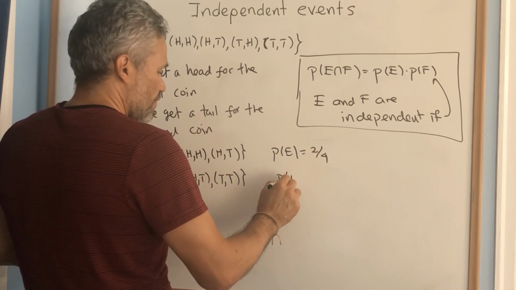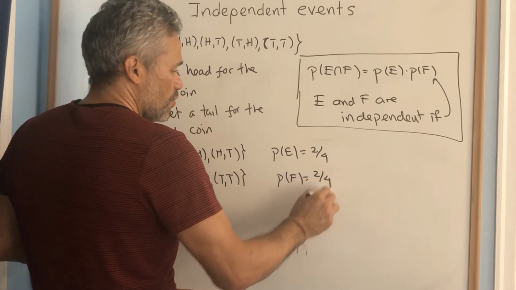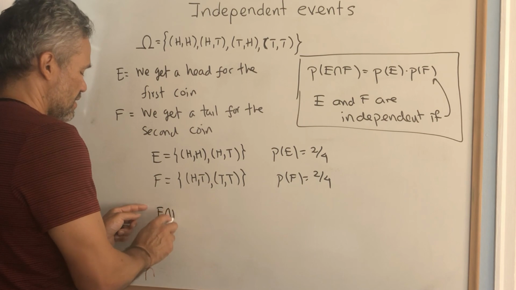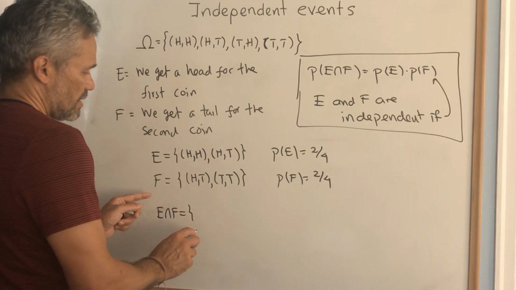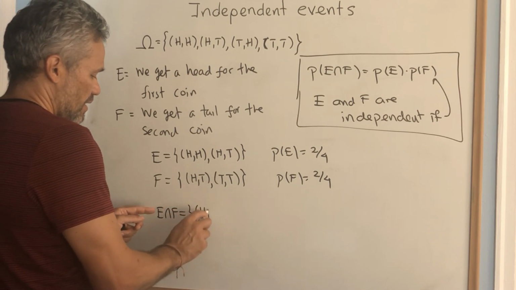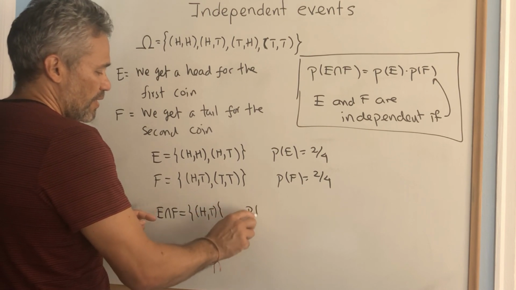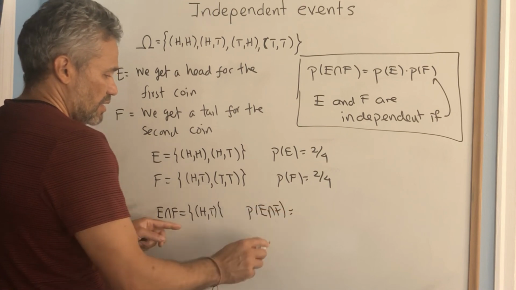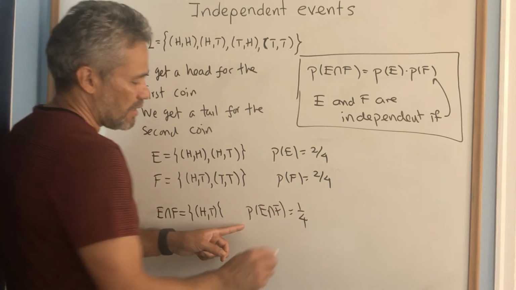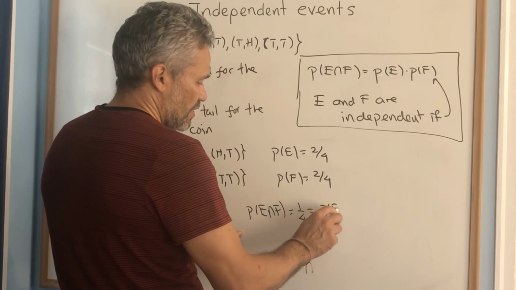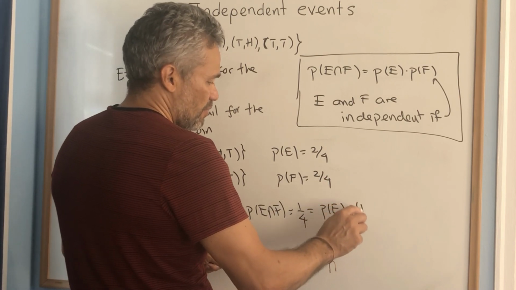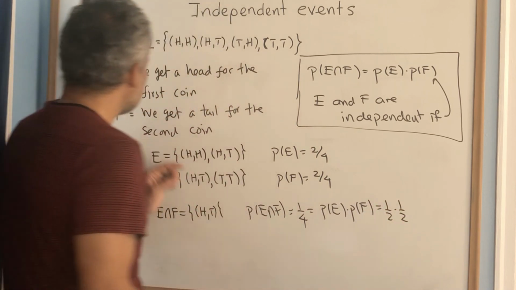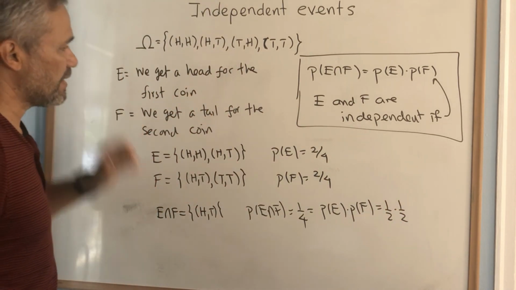The probability of F is 2 over 4. And in this case, E intersection with F is just head, tail, and the probability of the intersection is 1/4, and clearly this is just the probability of E, which is 1/2, times the probability of F, which is 1/2. That means that these two events are independent.